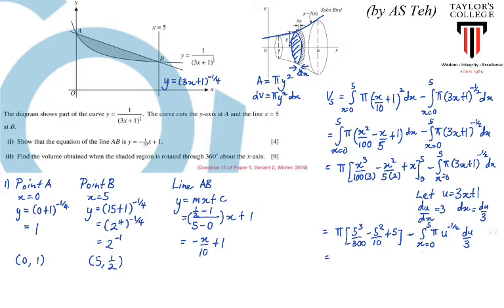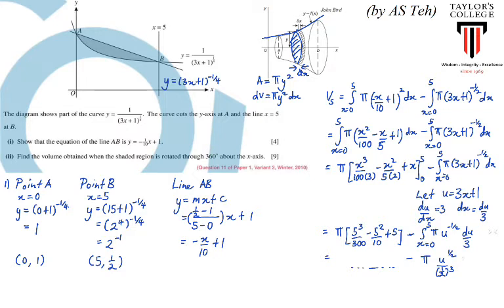Let me just do this part of the equation, and we'll calculate this later. This becomes minus pi times u to the power of half divided by half, and there's a 3 here, which is not a power but multiplied into the denominator.